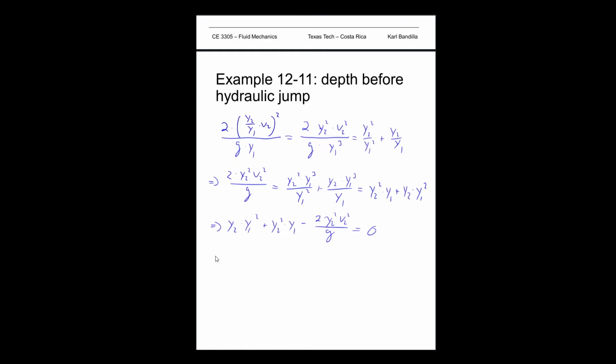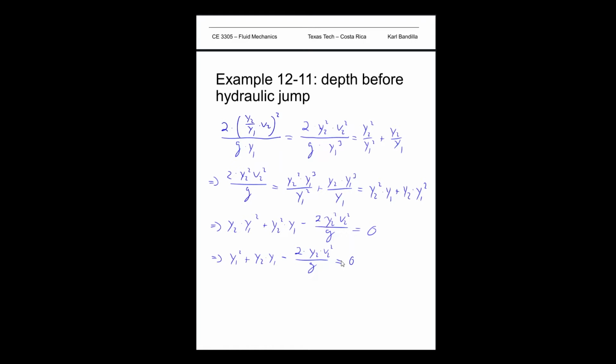Now we can divide all this by y2, which gives us y1 squared plus y2 times y1 minus 2 times y2 times v2 squared divided by g is equal to 0.